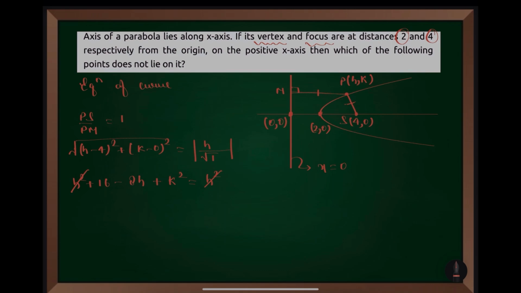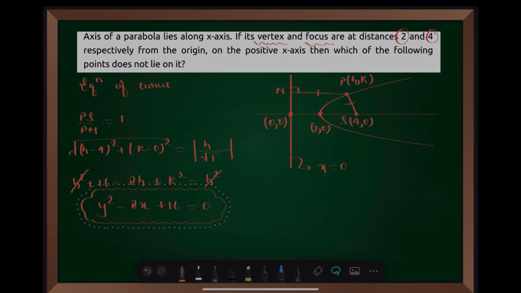You know that you have to replace h with x, k with y. So y² - 8x + 16. So we got this as the curve. Okay, now you have to substitute your point and you have to select the point which is not lying on this curve. I hope idea is clear.